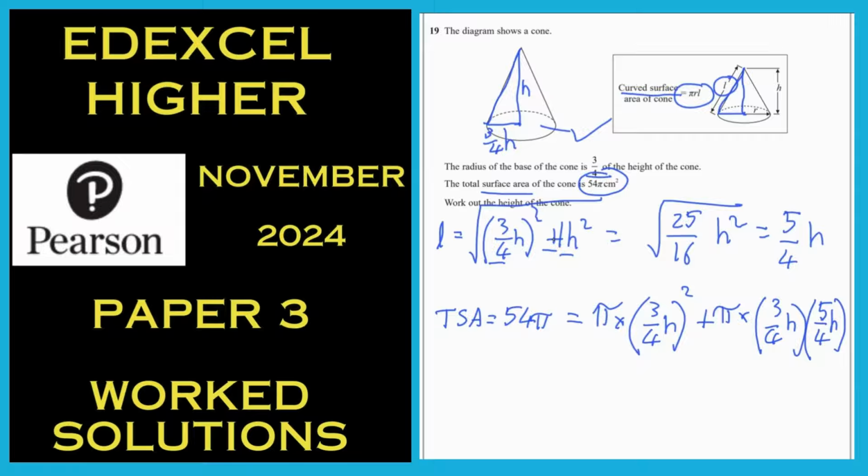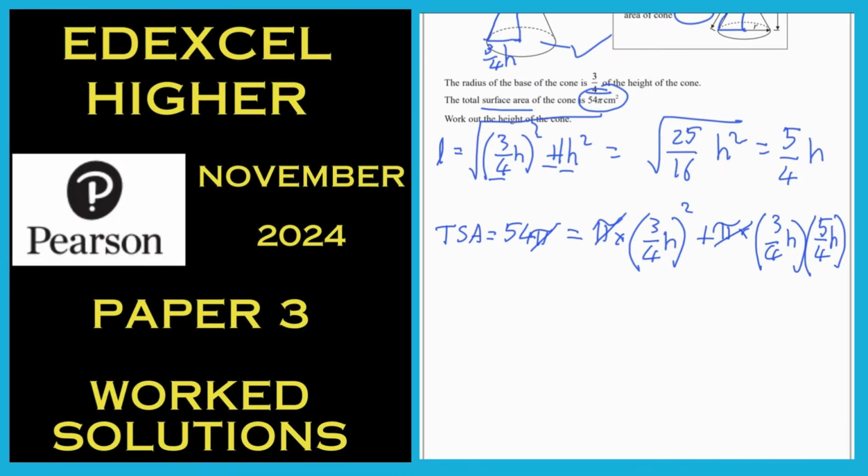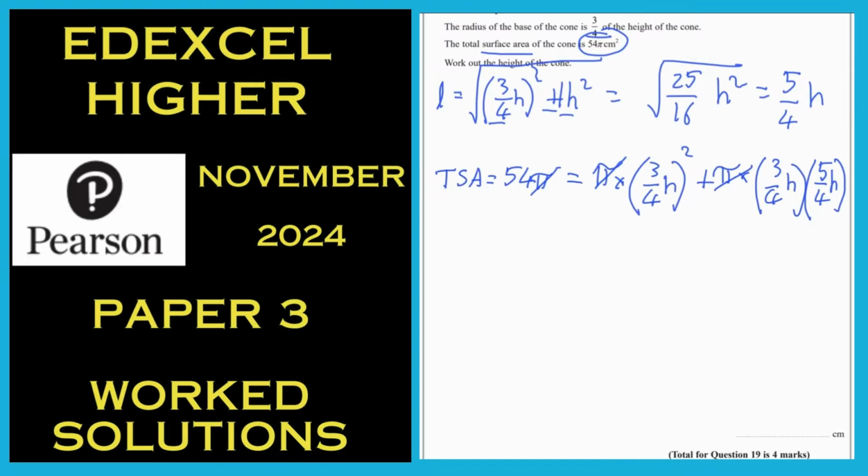And as always happens with these questions, get rid of the pi's. Every term's got a pi in it. You can divide everything by pi. We've got 54 on the left-hand side. On the right-hand side, we've got h squared with a 3/4 squared next to it, in other words, 9/16.